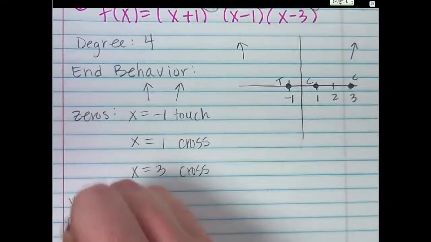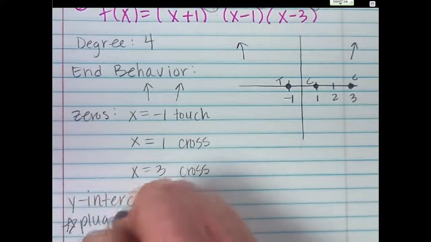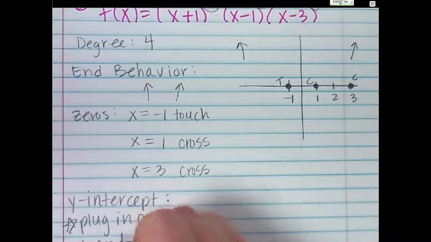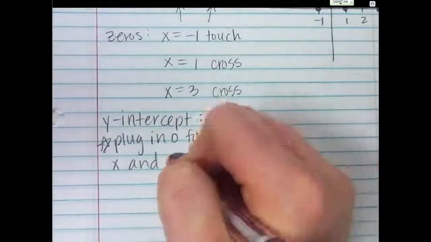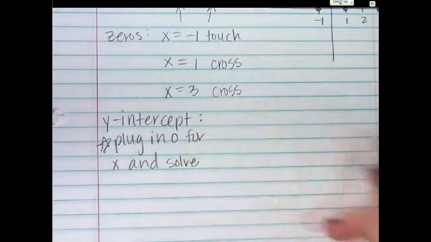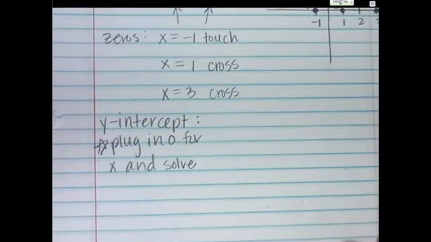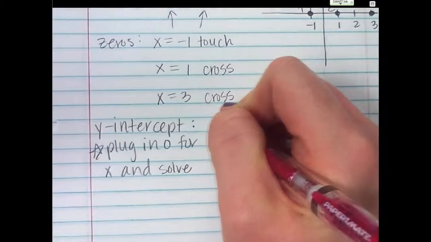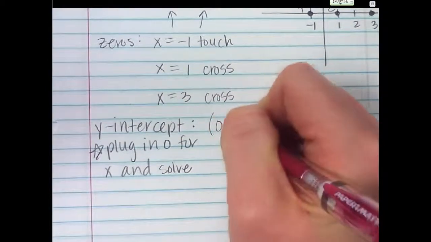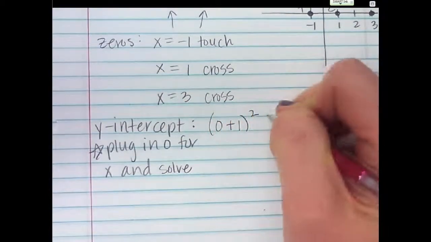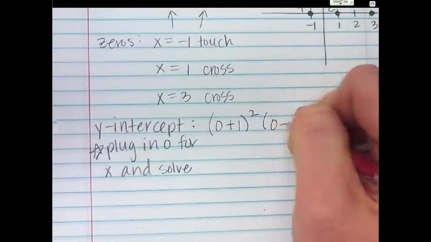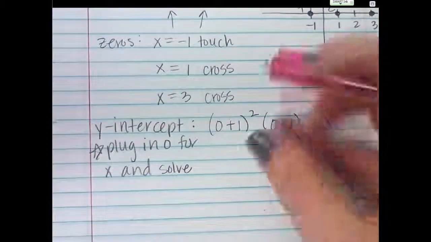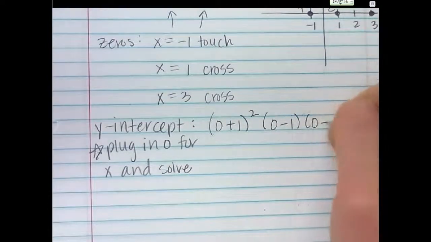So here, want to make yourself a note, we're just going to plug in 0 for x and solve. So that just gives us one more point to plug in. So I have 0 plus 1 squared times 0 minus 1 squared, oh, not squared, sorry, times 0 minus 3.